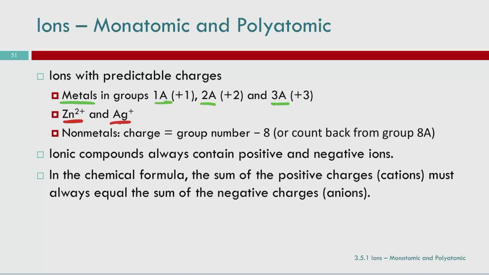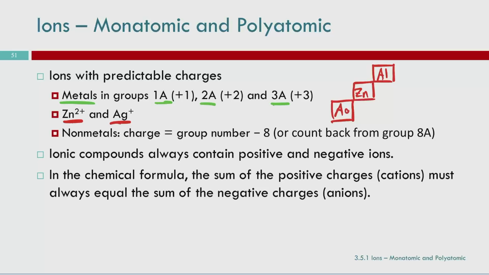The way that I remember the zinc 2+ and the silver is there's a little staircase where aluminum is on this top step. Aluminum's in our 3A. We know that aluminum's going to form a 3+ charge. If you step down one step, you get to zinc. Zinc is a 2+.